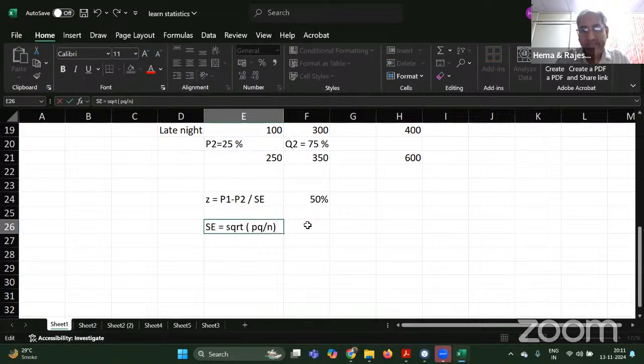But in case of standard error of mean, what you do is sigma square upon n.